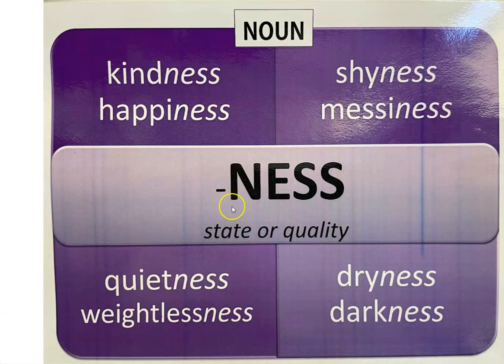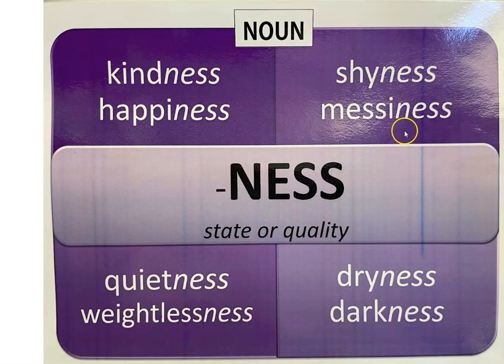To make a noun, we'll add ness on the end of something, particularly an adjective. So, for example, happy, right? I feel happy. Happy is an adjective. We add ness on the end, and now it's the state or quality of being happy. It's now the thing, right? I feel happy. Happiness is the thing that I have, right?